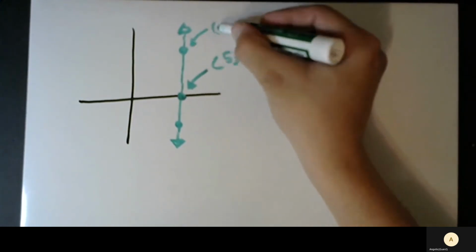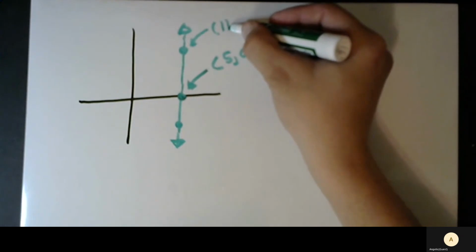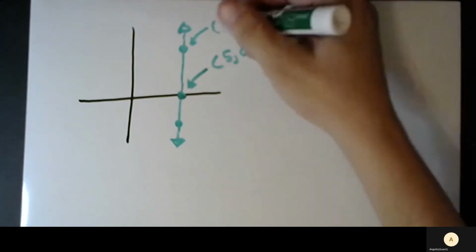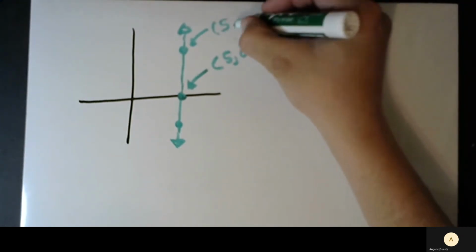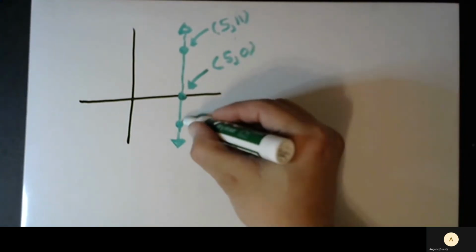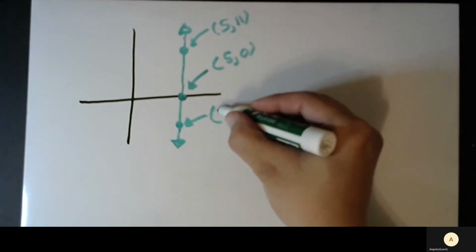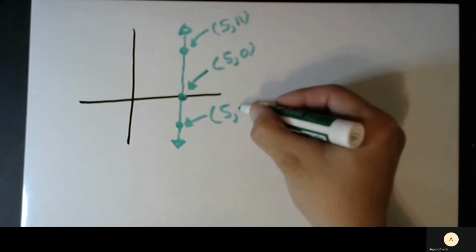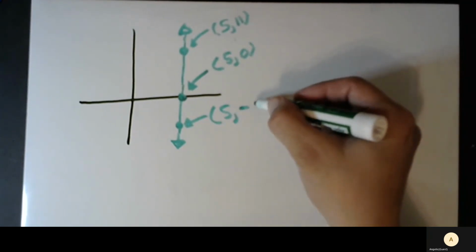This point is, say, 11. Oh, it wouldn't be that. It'd be 5 and 11. And this would be 5 and, say, -3.